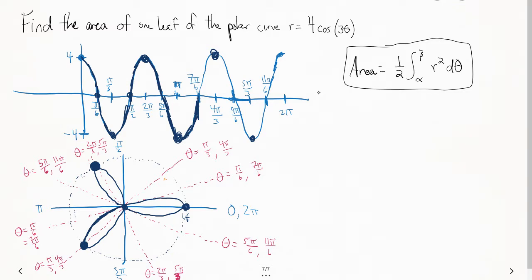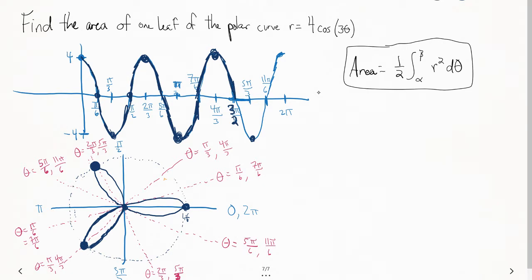And from 4 pi over 3 to 9 pi over 6, or another way to write 9 pi over 6, by the way, would just be 3 pi over 2, notice we're retracing this curve, okay?